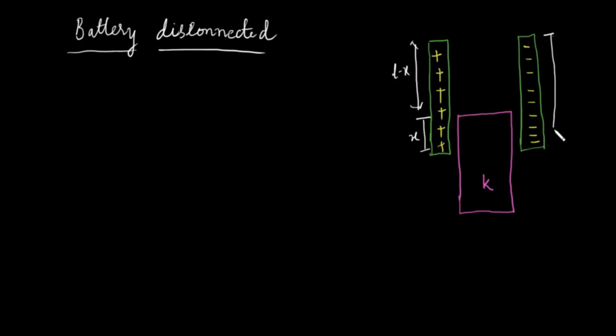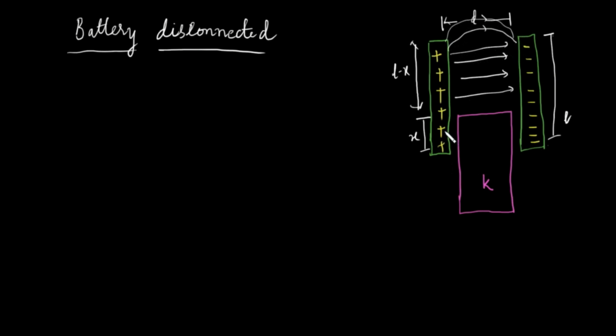The total length of the plate is L, the width of the plate is b, and the distance between the plates is d. The electric field will be in this direction, from positive to negative. At the edges you can have some fringing effect.